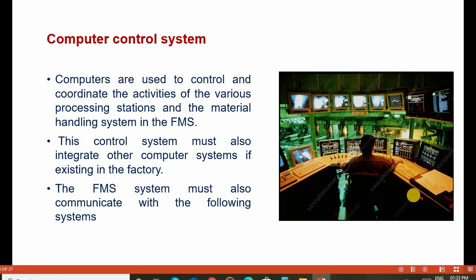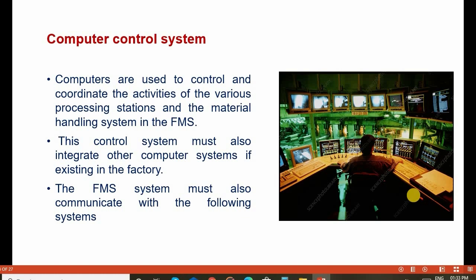These control systems must also integrate other computer systems, if existing in the factory or industry. So the control system helps to integrate one system with other computer systems in the industry.